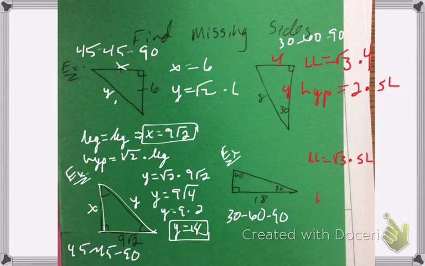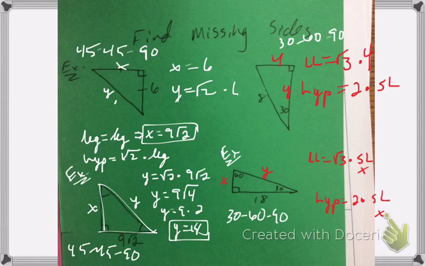And hypotenuse equals 2 times the short leg. Let this be x and this be y. Sorry, I should let you know that at the beginning. Okay? All right. X is the short leg. It's across from the 30-degree angle. So I'm going to let this be x.